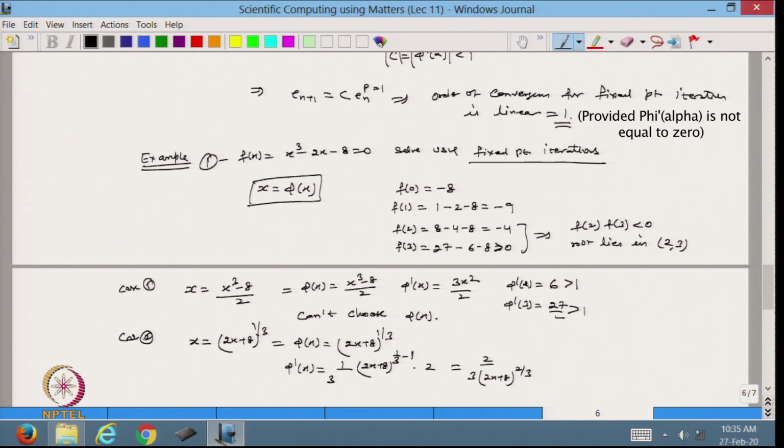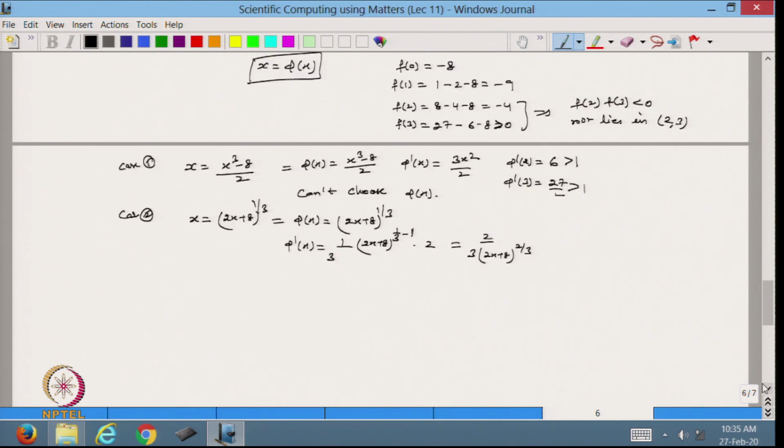So, this will be my phi dash x. Now, in this case I will check what will happen. My phi dash 2 will be 2 by 3 into 4 plus 8, that is 12, to the power minus 2 by 3. My phi dash 3 will be 2 by 3 into 3 into 2 plus 8, that is 14, to the power minus 2 by 3. This value is less than 1 and this value is also less than 1.